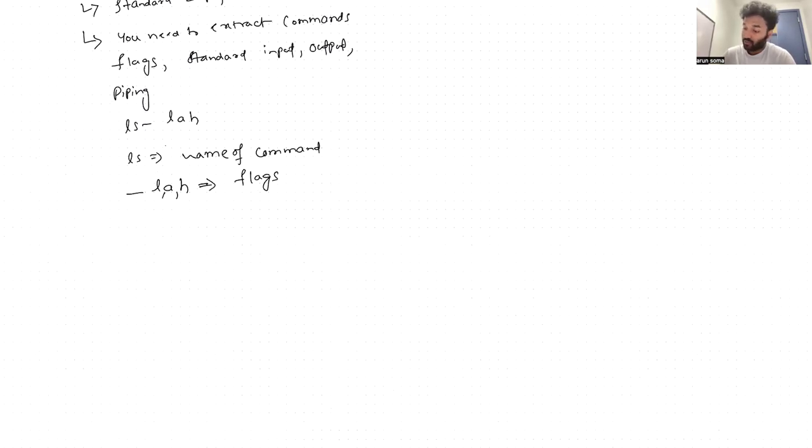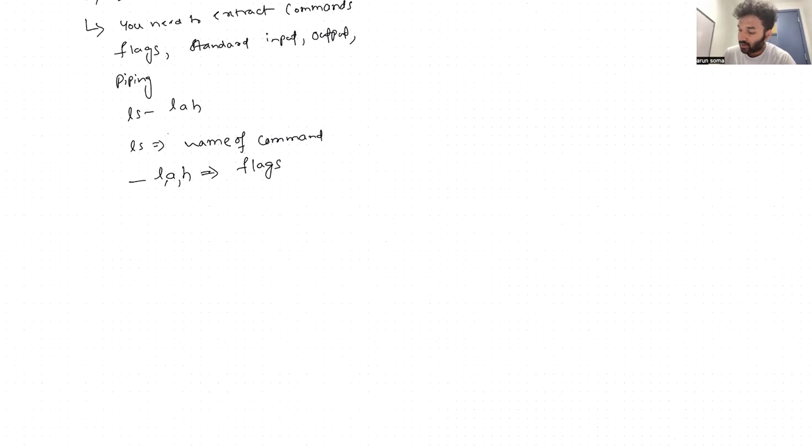And for example, you have ls -lah and you want to store the standard output in a file, let's say file.txt. Whatever is the output of ls -lah, you're storing that in a file named file.txt. So you should be able to identify this also.